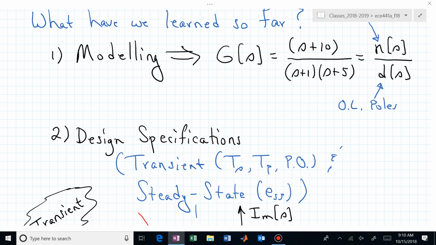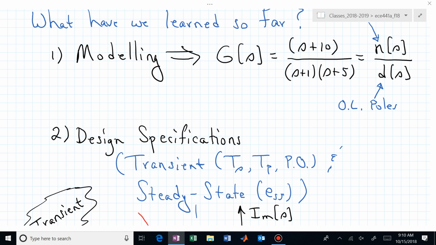If I now say peak time, what are you seeing in your mind on the S-plane? Now you have a horizontal line, and that's floating above the real axis. How far it is away from the real axis gives you a larger omega sub d, and with a larger omega sub d, what does that provide?